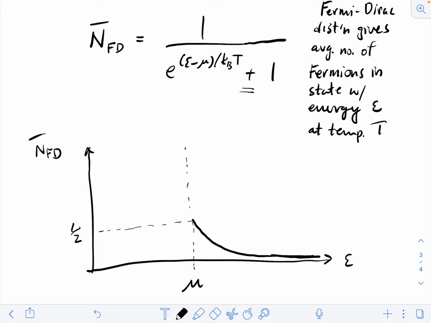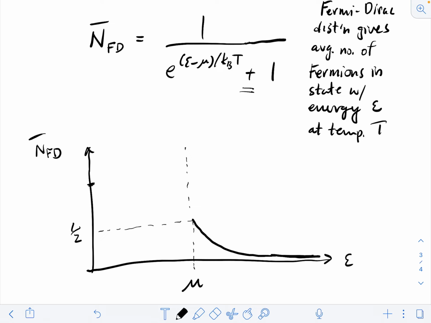Then if epsilon minus mu becomes negative, and we're at a very low temperature, so we're dividing by a small number, we have e to a large negative number, which makes the exponential vanish. And in that case, we have 1 over 0 plus 1, which is 1.